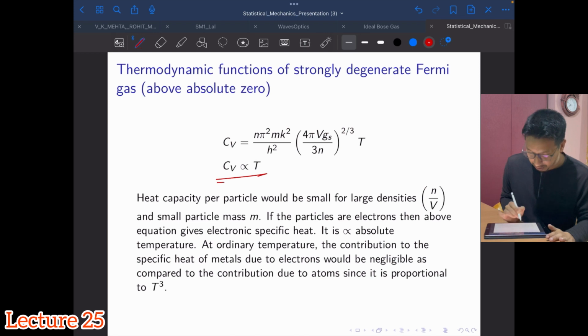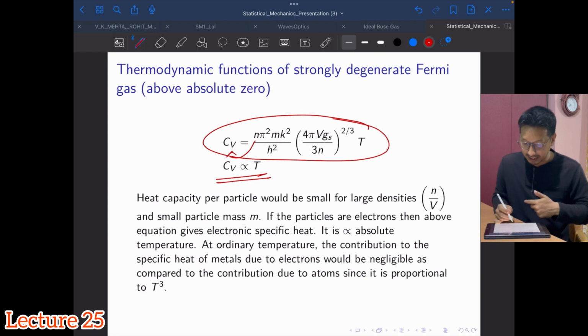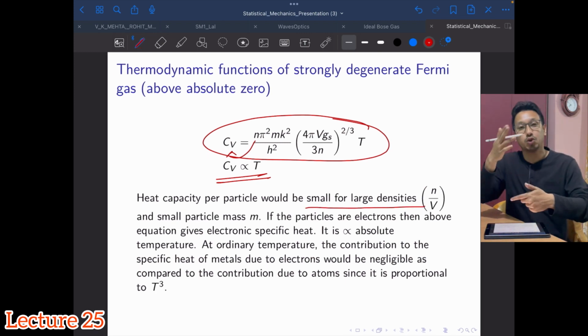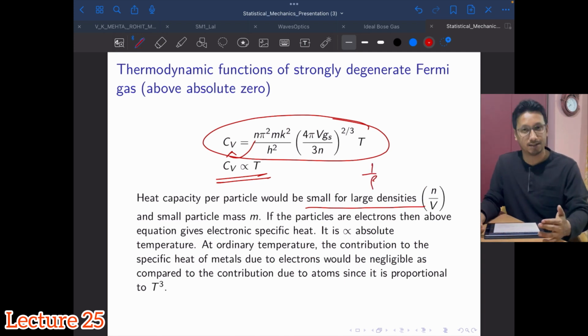Yes, so that's what I was trying to talk about. Now from looking at the expression above, your heat capacity per particle, see, if you take this N to be this side, then N by V, there is V by N, so it will be 1 by rho, if rho is your number density.